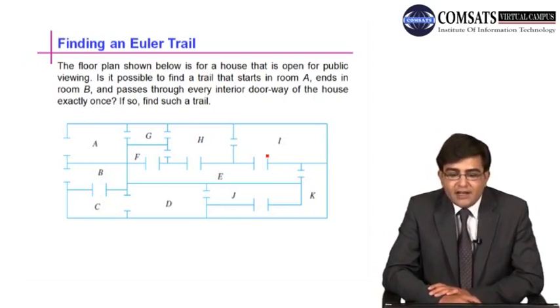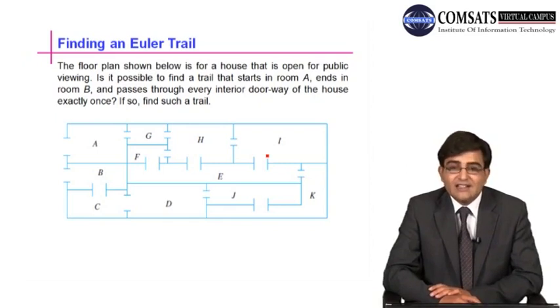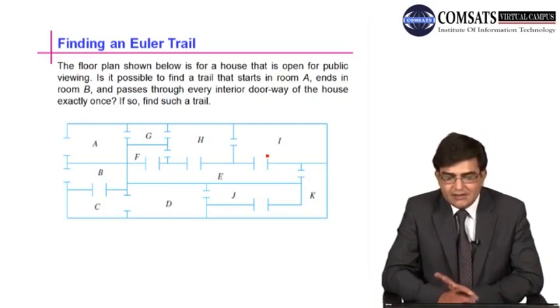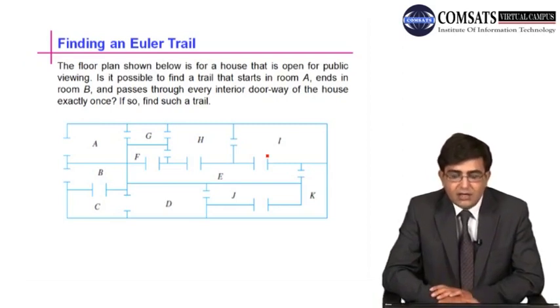Is it possible to find a path that starts in room A, ends in room B, and passes through every interior doorway of the house exactly once? If so, find such a path, such a trial. For example, in a museum there are rooms A, B, C, D, E, F, G, H, I, J, and a visitor came to the museum to visit it.